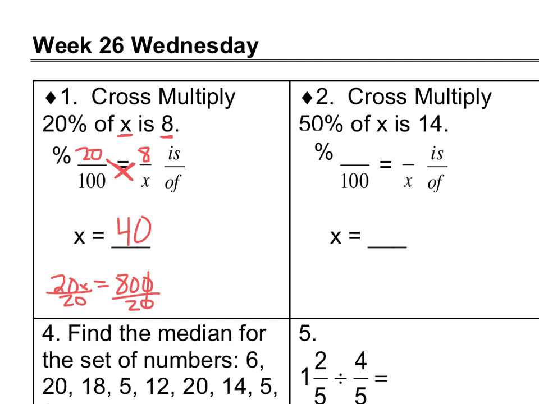And of course, what that means is if I had something in 5 pieces, because 20% is fifths, imagine that's 5 equal pieces. And 20%, which would be the very first section, is 8. What would the total be?